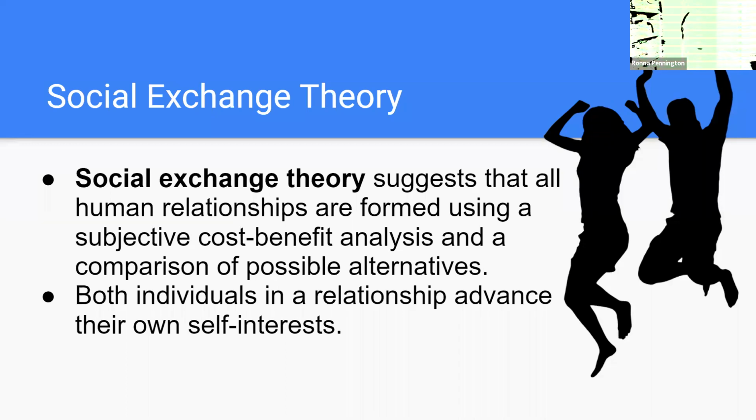People need friendships and people need relationships and a sense of belonging. And the social exchange theory is really just saying that you seek out friends or communication partners because you need to fill a need in your life. And that covers everything we need to know for interpersonal relationships.